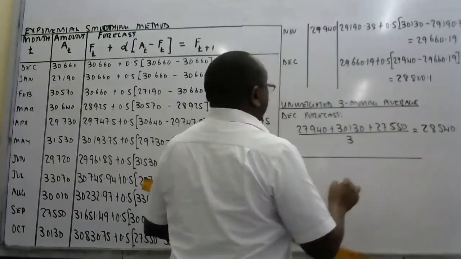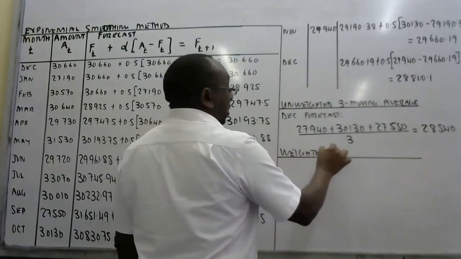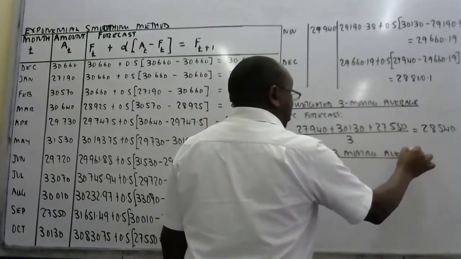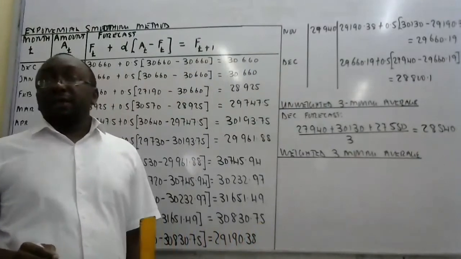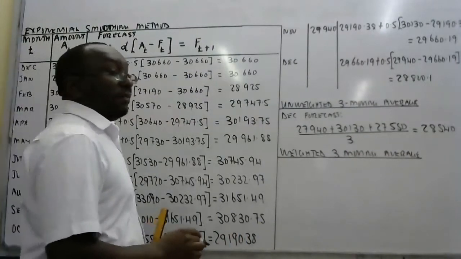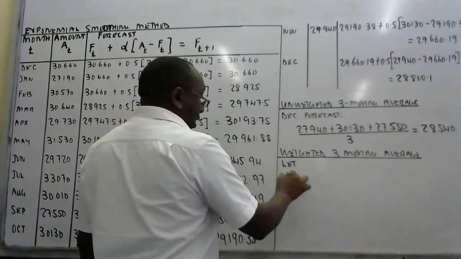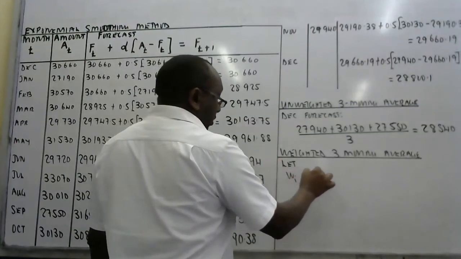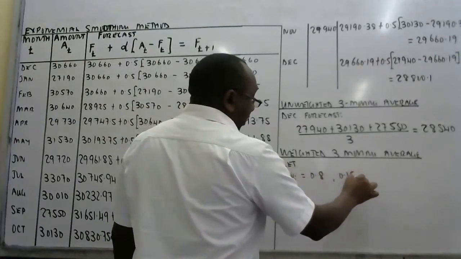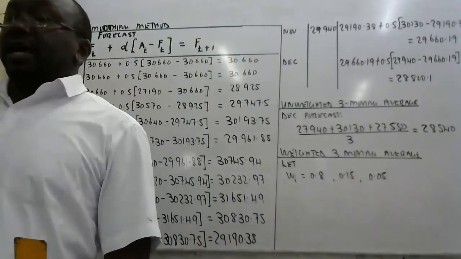The next one is if you are told to use weighted 3 moving average. We can rate the weights to be 0.8, 0.15, and 0.05. When you are told rate, that means we are assuming.